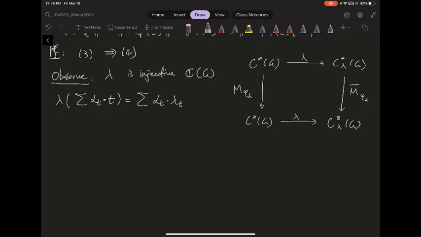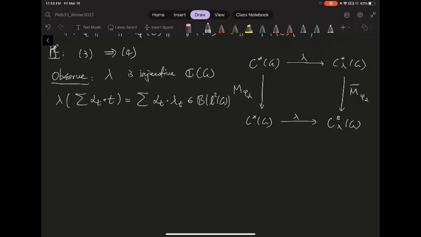Lambda t is your left regular representation, and this is a very concrete operator in the bounded linear operators on the L2 of G.